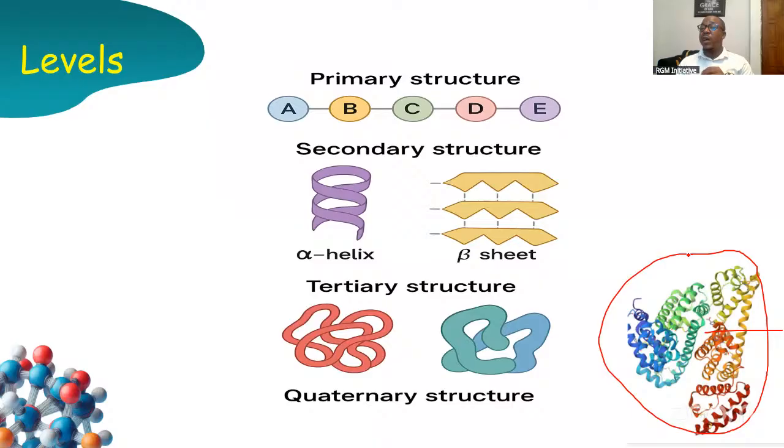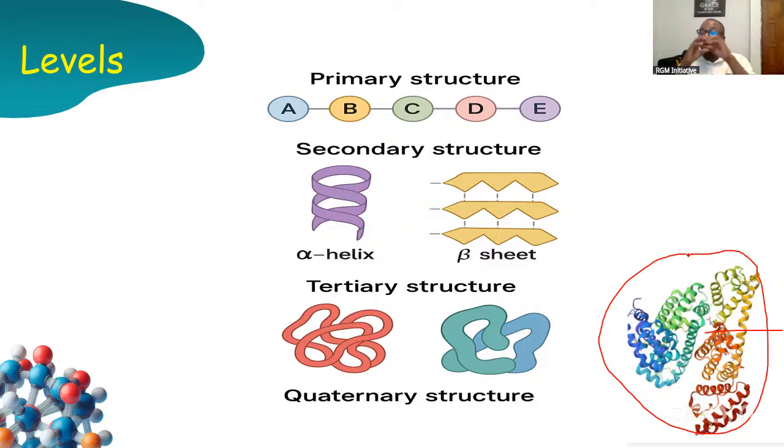We can also have a quaternary structure of protein. In quaternary structure, we look at two tertiary structures joining together. So quaternary structure is more than one tertiary structure forming the quaternary structure of proteins.